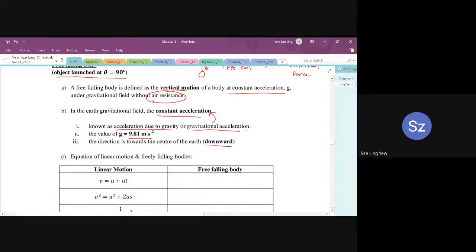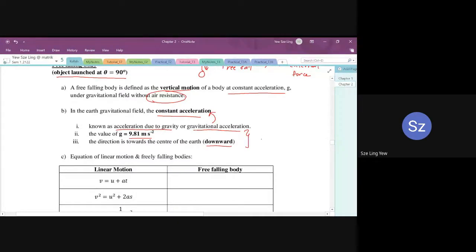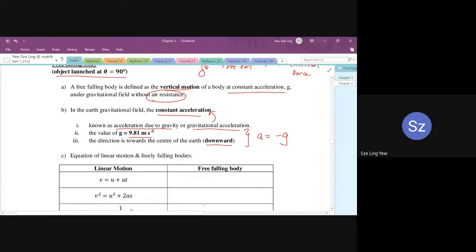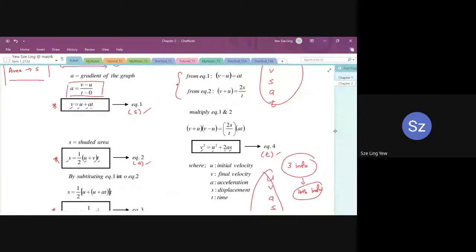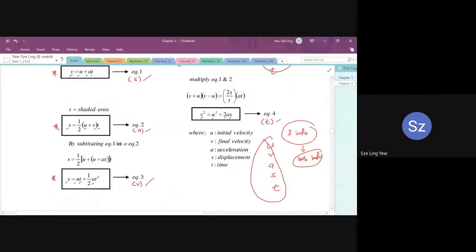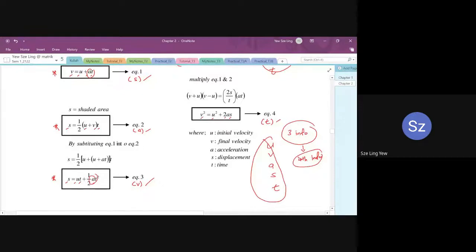Now, when you combine these two statements together, we obtain a relationship: a equals to negative g. So remember, when you want to apply the 4 equations from the previous page, these 4 equations use a.